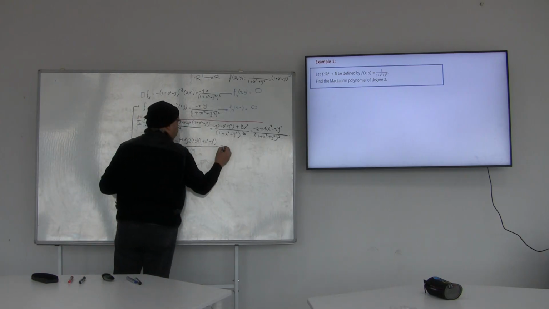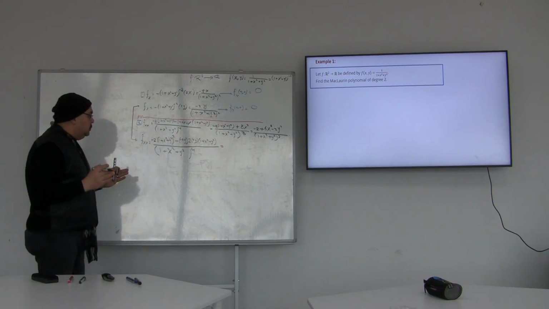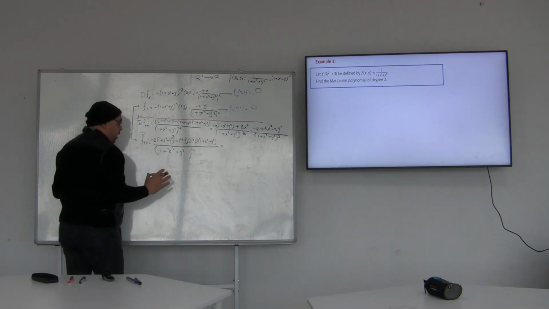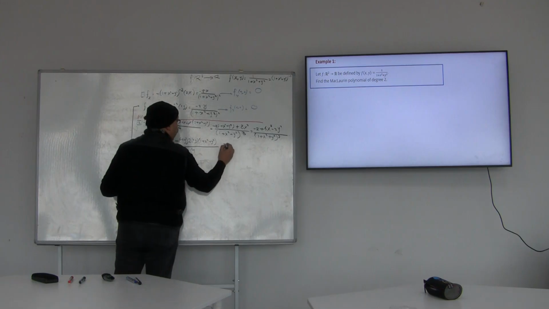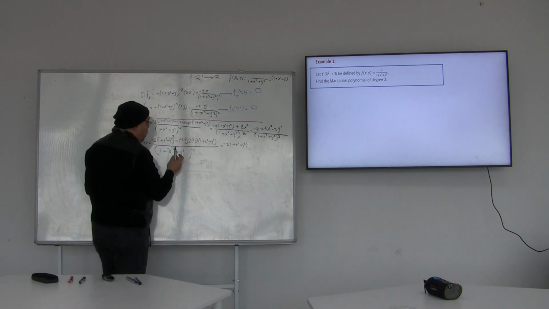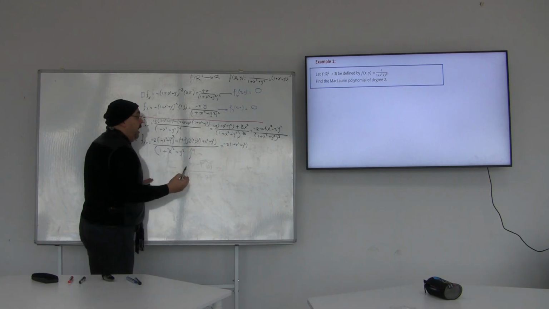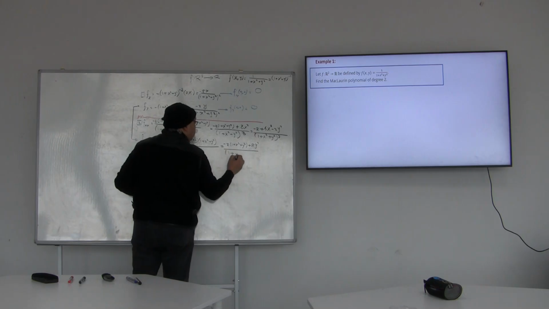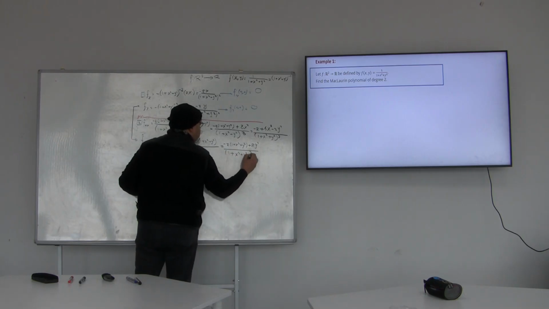And once more, I will try to simplify things as much as possible. I will start with this bracket, taking it as a common factor from everything. So I will have now negative 2 times (1 + x² + y²). In a similar manner, I have a positive 2y times 2y, which is going to be 4y², times 2, you will end up having 8y², exactly like what's happening with the x part, divided by (1 + x² + y²) to the power of 3.